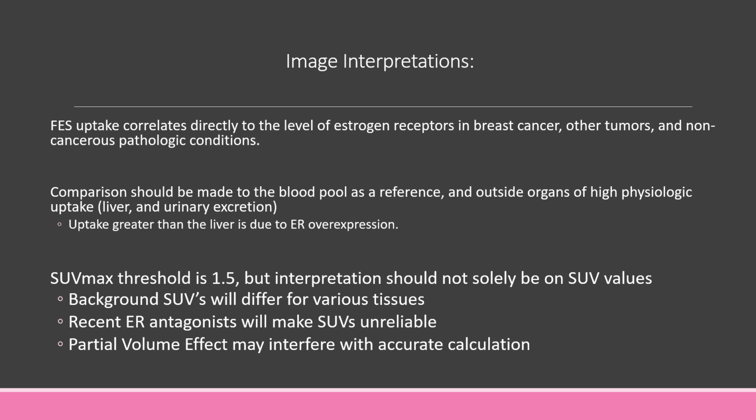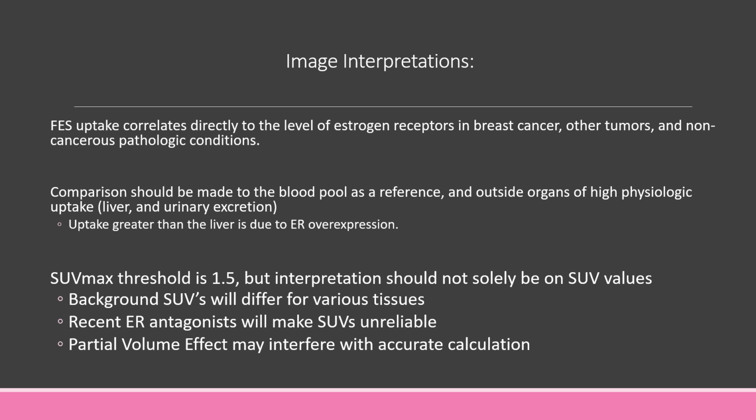SUV values can be used to help validate the qualitative information, especially if you are just visually comparing it. It will help doctors to use SUV values to help validate that. The SUV max threshold is 1.5, but interpretation should not solely be based on the SUV values. Background SUVs will vary for different tissues.